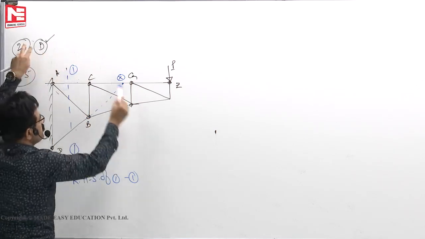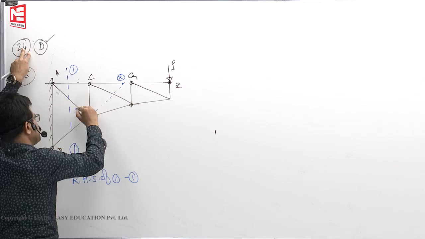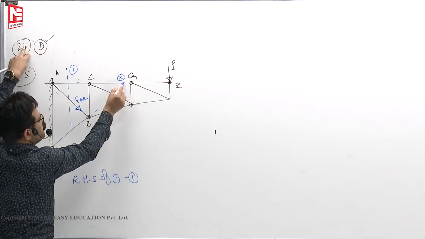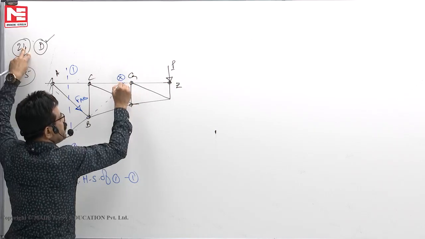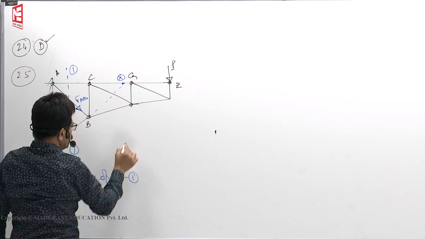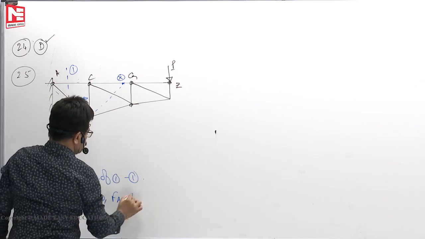To balance that, it must be anti-clockwise because these two are already giving 0 moment. So anti-clockwise means like this. Now this is clockwise movement about X, this is anti-clockwise movement about X, some point in air. So the arrow mark is towards the joint. So FAB is compressive.